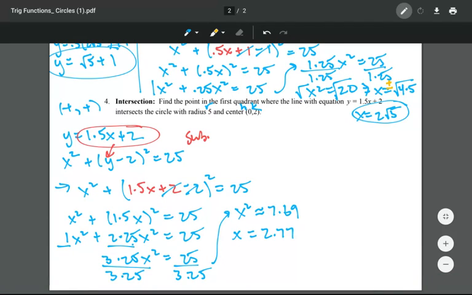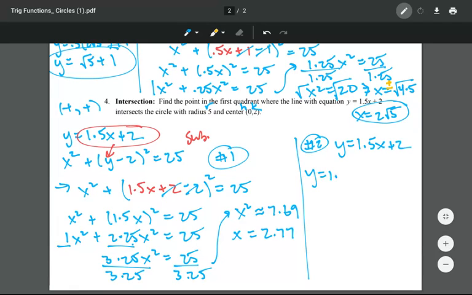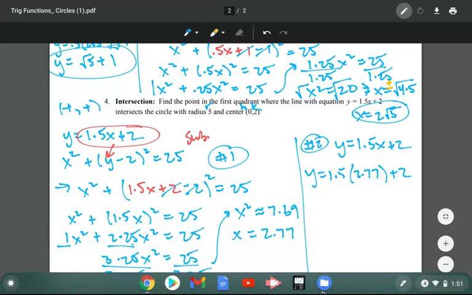Next, I want to find y. So this was step number 1. We found x. Step number 2, we're going to find y by putting it into our original equation, 1.5x plus 2. So y is equal to 1.5 times 2.77 plus 2. Let's grab that calculator again.